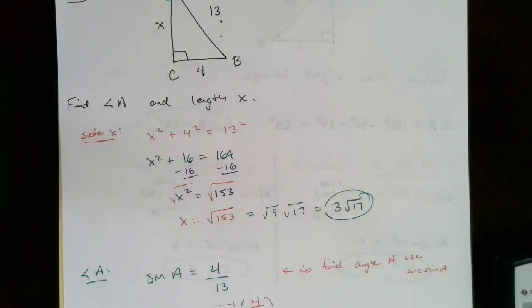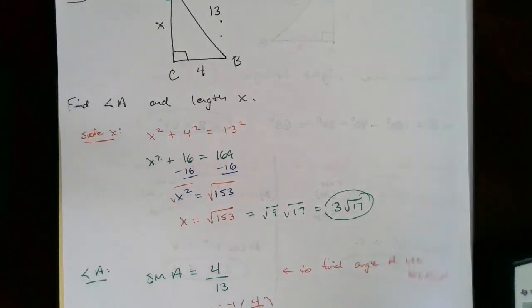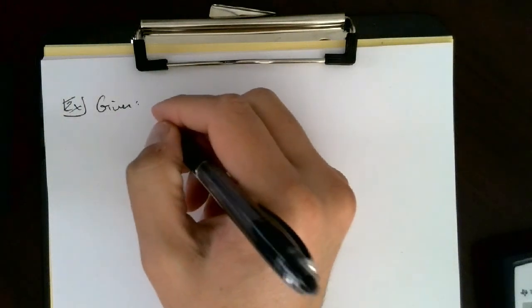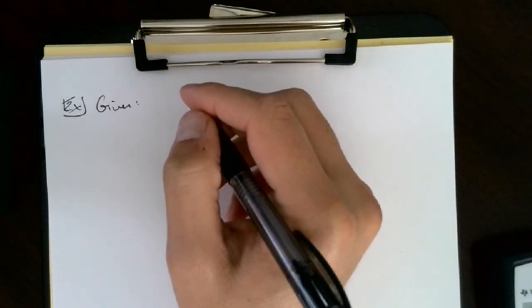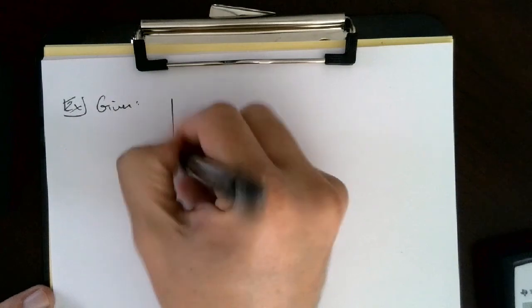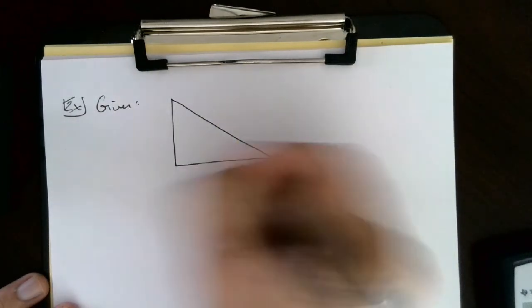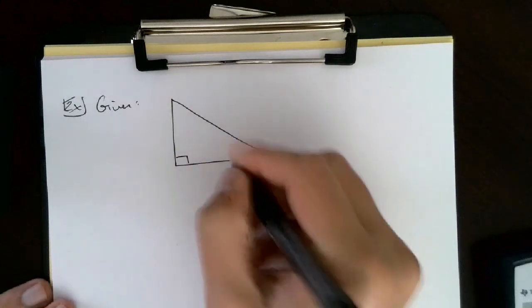Lastly, I'm going to give you just a couple to look at. So try these two on your own, and then I'll go through a solution. So if I said given this triangle here, this is a right triangle.